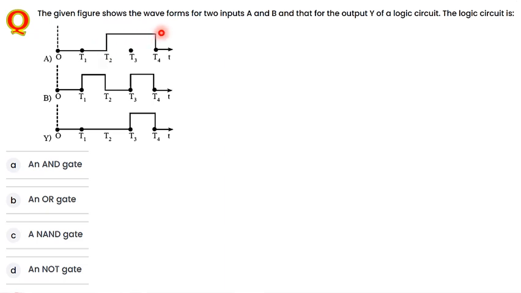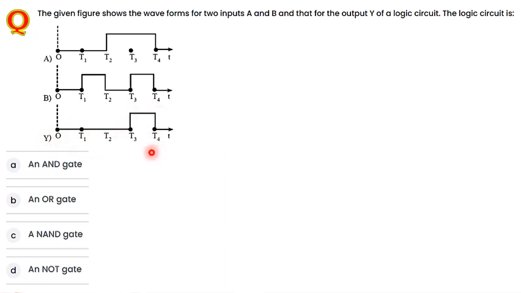T3 here is 1, and T4, the ending point, is 0. So for A I mention 0, 1, 1 and 0. Similarly for B, the initial point is this one and the final point is 1, again 0, 0, then 1 and 0, and the third point is again 1 and 0. And the output I mention as 0, 0, 1, 0.